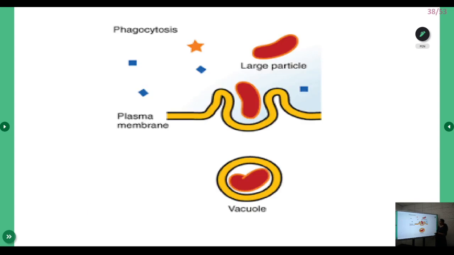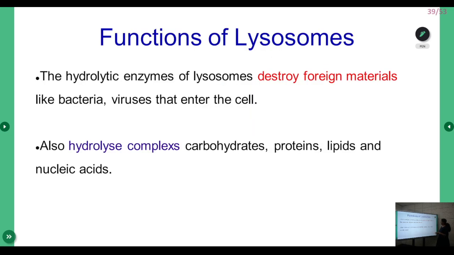So this is what happens. There is phagocytosis: a large particle gets bound or engulfed during the process of phagocytosis to form a vacuole, where the bag of enzymes, that is the hydrolases, act, and there will be destruction of the foreign particle.